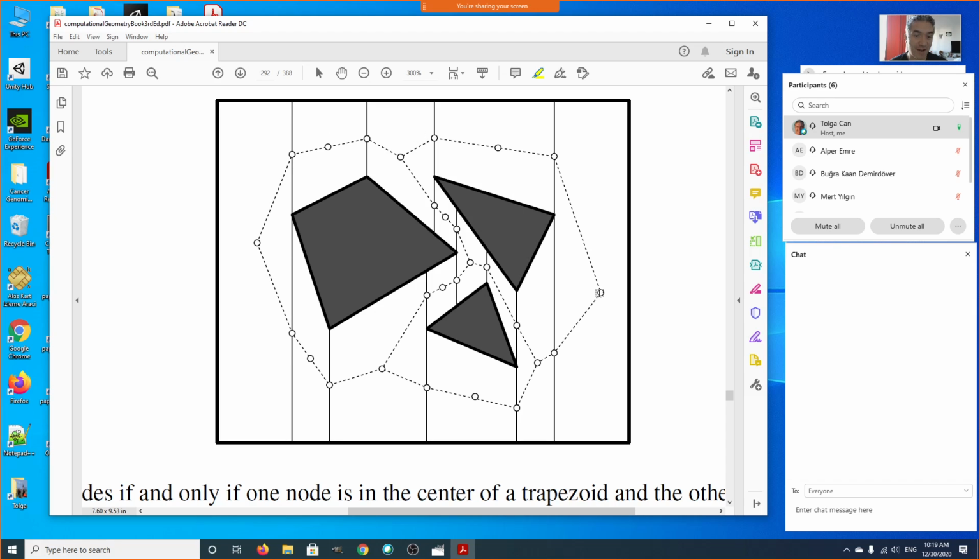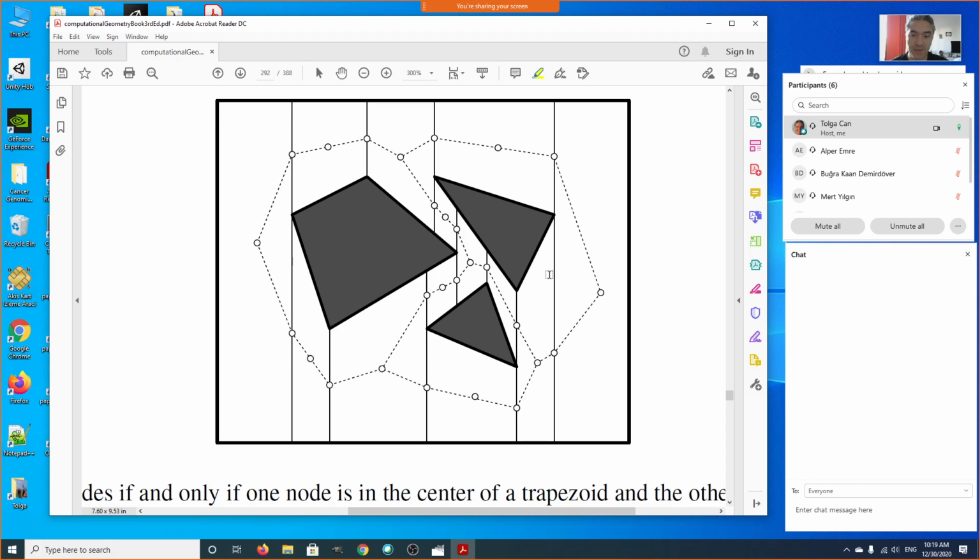You need to build a graph in which the vertices of the polygons are actually the nodes. That's going to be something interesting, which we'll see next week. Next week in chapter 15, we are going to build a different graph for planning. That graph is going to contain the vertices of the polygonal obstacles as the graph nodes.